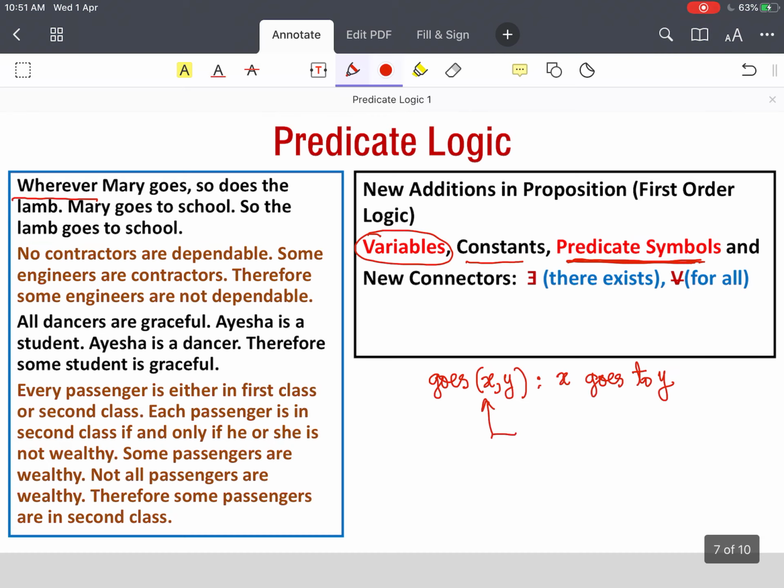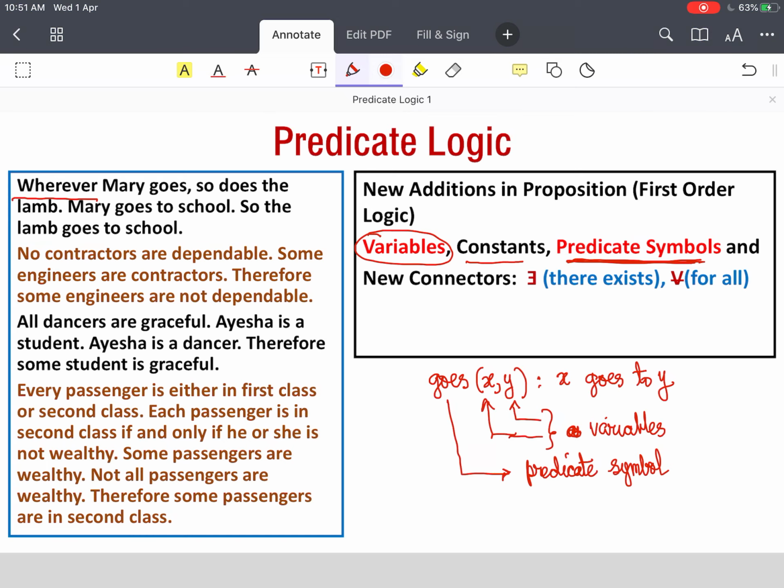So here X and Y are both variables, and this goes is what is called a predicate symbol. A predicate symbol is just like a Boolean variable.